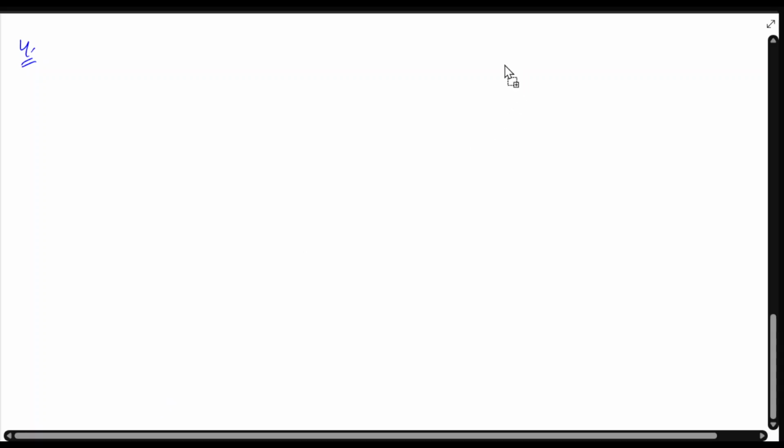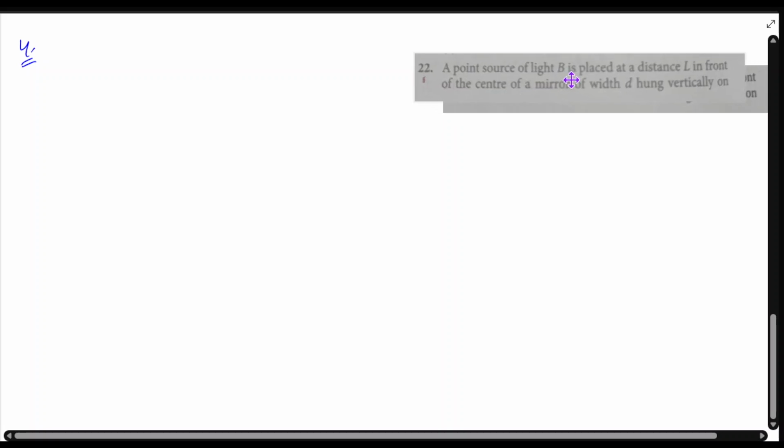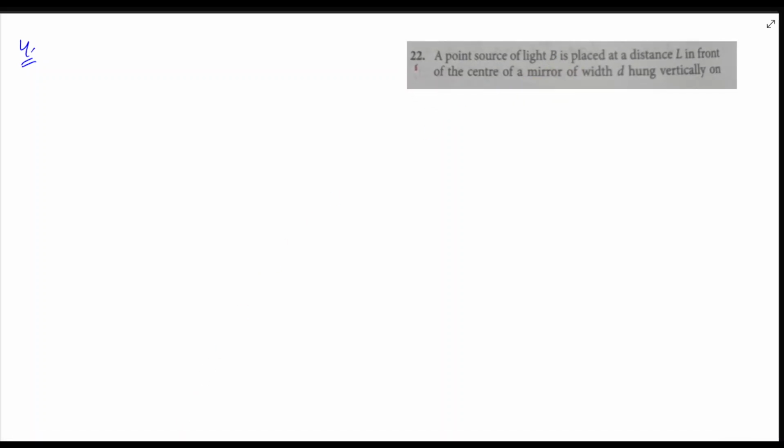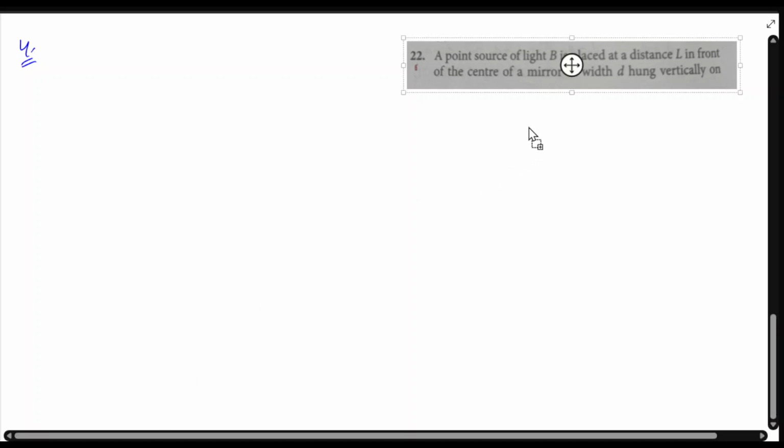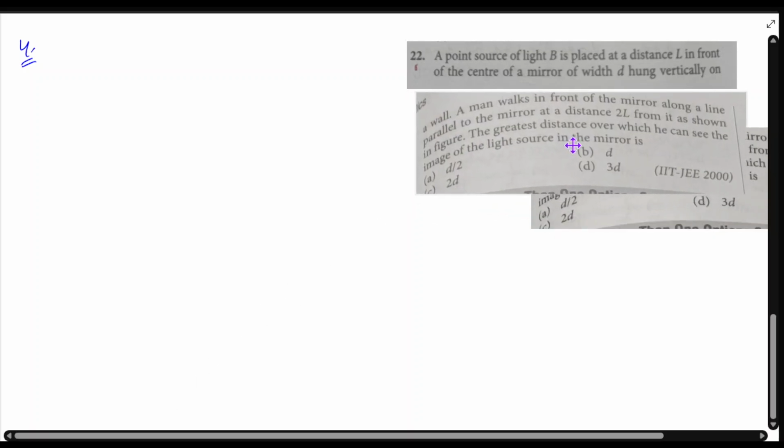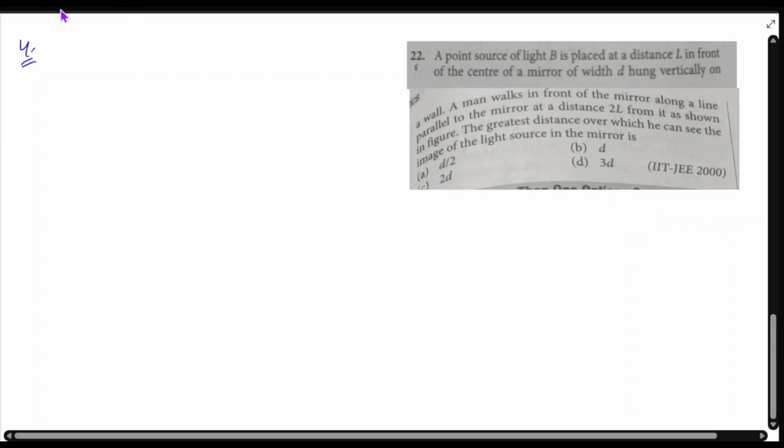So this is our fourth question. Okay, so this is incomplete. Let me add the second image of this question. Right. So what we have here: a point source of light P is placed at a distance L in front of the center of the mirror of width D hung vertically on a wall.